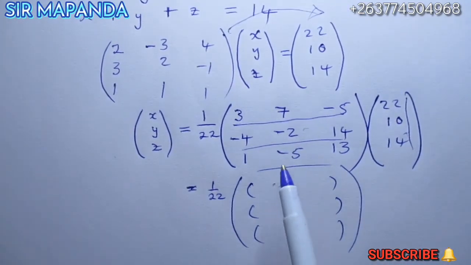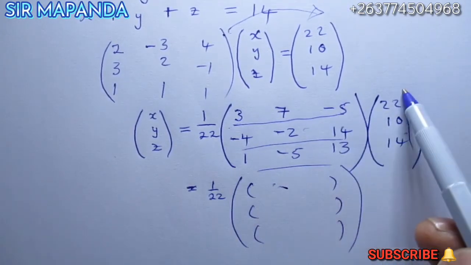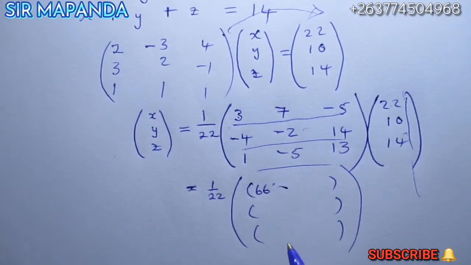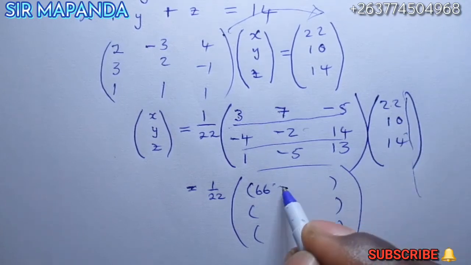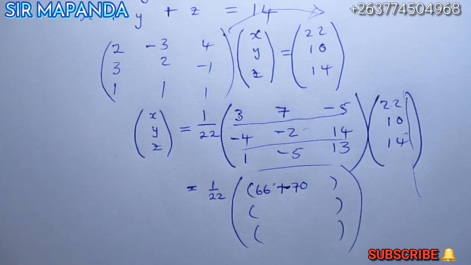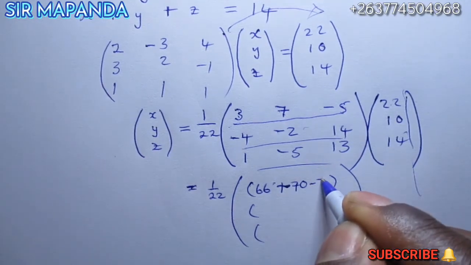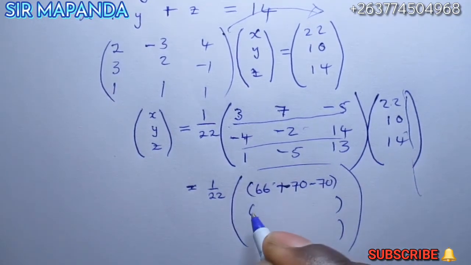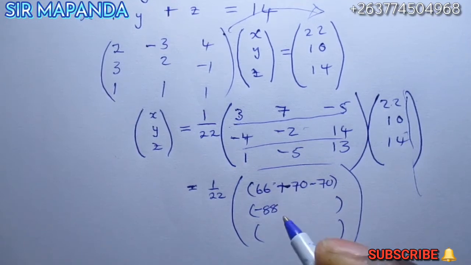To find the top bracket, you use the top row times the column. So 3 times 22, you get 66. 7 times 10, it gives you plus 70. Minus 5 times 14, you get minus 70. I hope you are following. Then minus 4 times 22, it gives you minus 88.